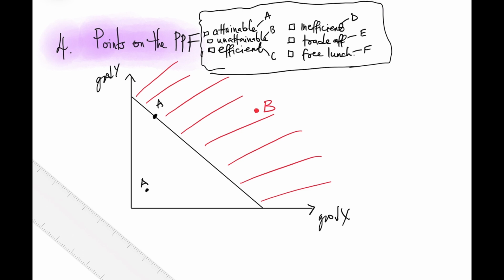Okay, now an efficient point, point C. All the points along the PPF are efficient, right? All the points along the PPF are efficient. Point C, all the points along the PPF are efficient.